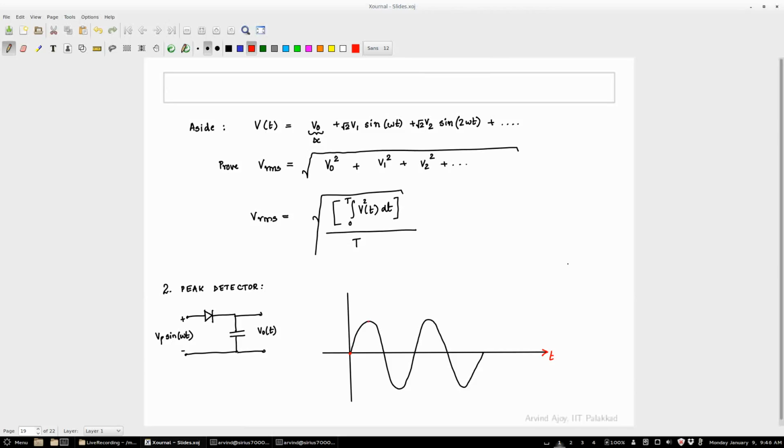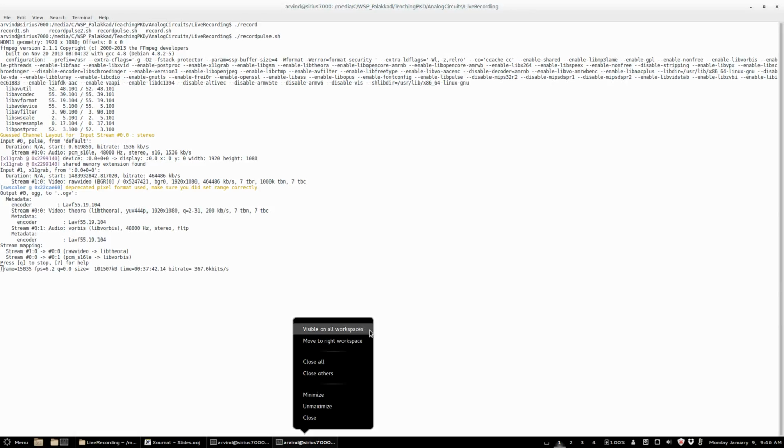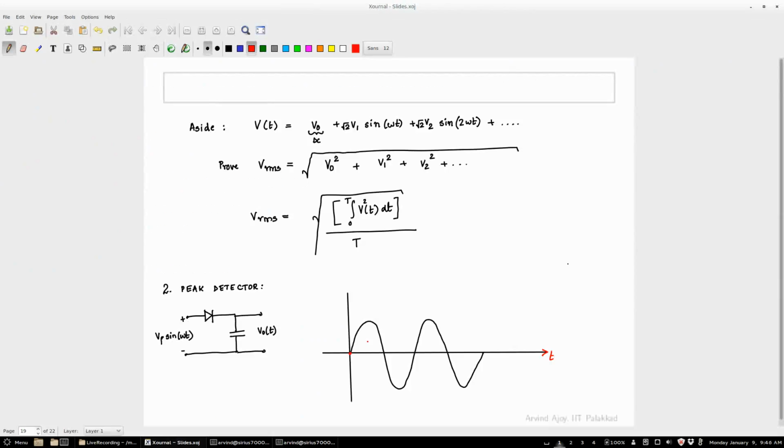Assume that this is your Vp sin omega t. Initially assume the capacitor is discharged, so there is no voltage. So the capacitor is at 0 this time, and in this positive half cycle, or at least till here, what will happen? The diode will conduct, correct?